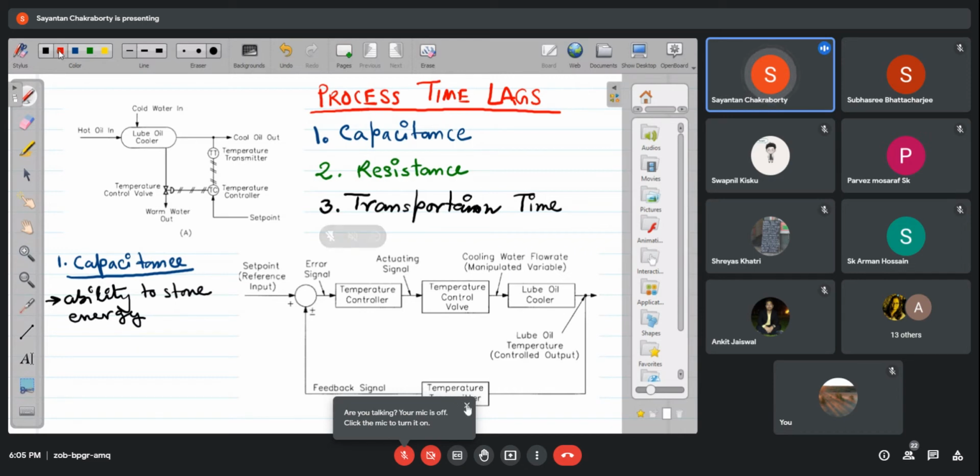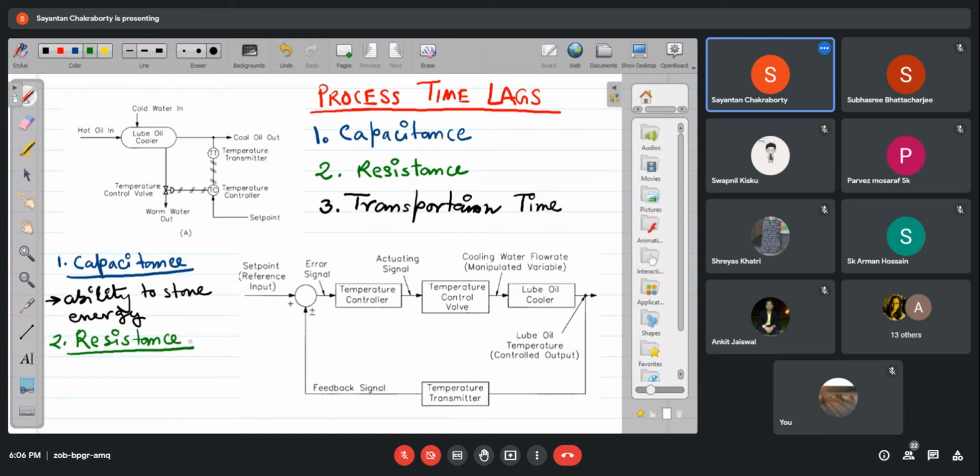Then naturally the next question comes: what about resistance? The resistance is that part of the process that simply opposes the transfer of energy between the capacities. What does that mean? See, lube oil is a capacity; it has the capacity to store energy.